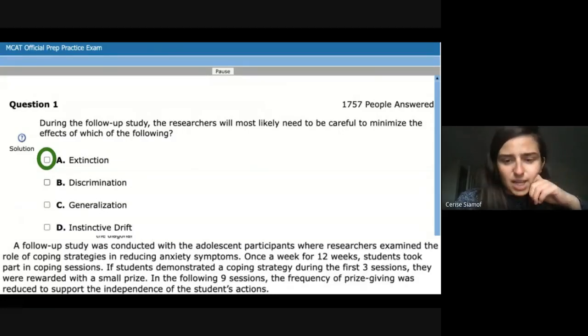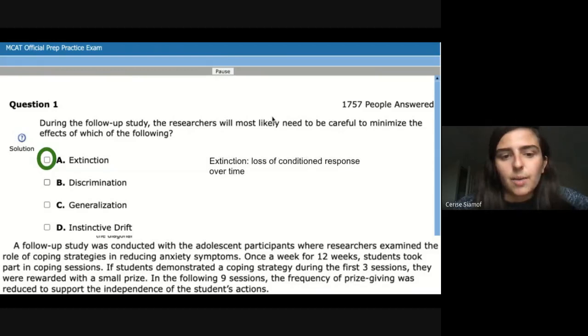So I've highlighted the piece of the passage and put it here. And so you can see that it says once a week for 12 weeks, they take part in sessions. And if they demonstrate a coping strategy, they're rewarded. The frequency is then reduced. So if you want to click again, we know that they're conditioning a response, using operant conditioning because they're rewarding.